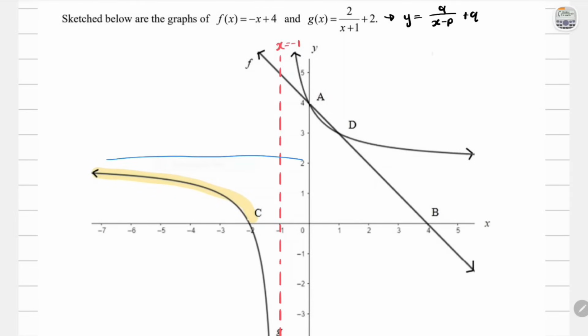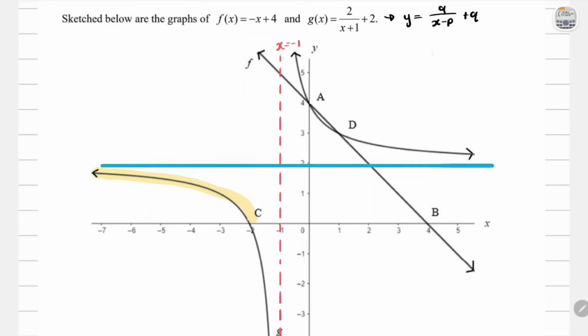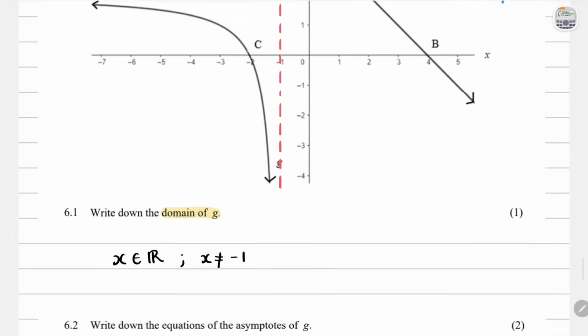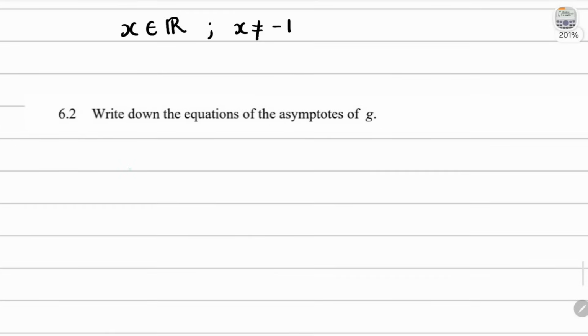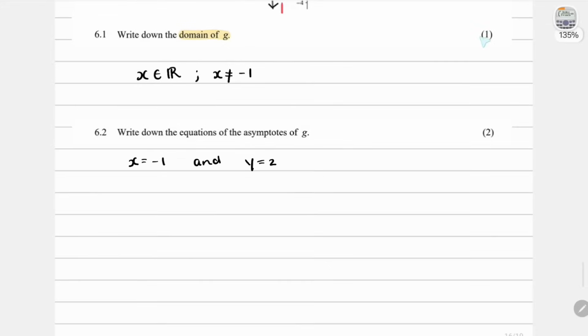It will pass 2 on the y-axis because it's a horizontal line. And so the equation of this line starts with y is equal to. So it's y is equal to 2. Okay, so we have both our asymptotes. Our asymptotes are the vertical one is x equals -1 and the horizontal is y equals 2. And that is our answer.